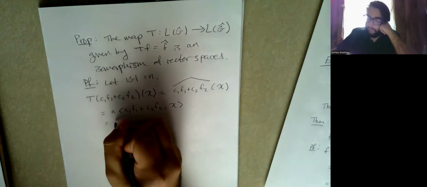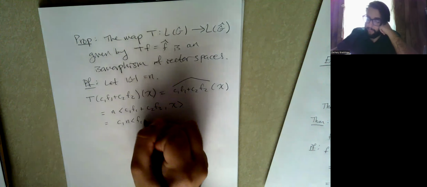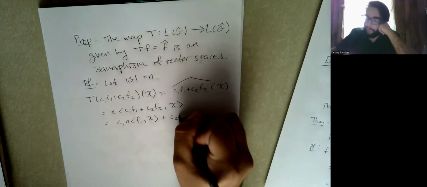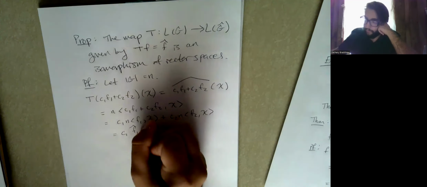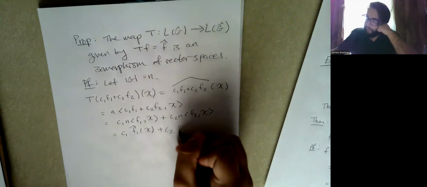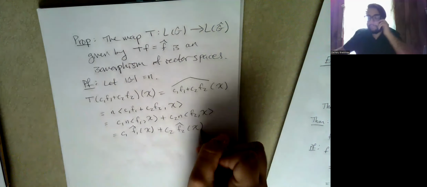And this is c1 n times the inner product of f1 with chi, plus c2 n times the inner product of f2 with chi. So I'm just using the linearity of the inner product now. And this is c1 times the Fourier transform of f1 applied to chi, that's the definition of the Fourier transform here, plus c2 times the Fourier transform of f2 applied to chi.